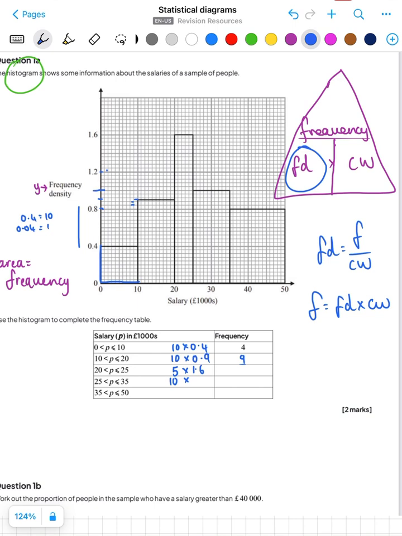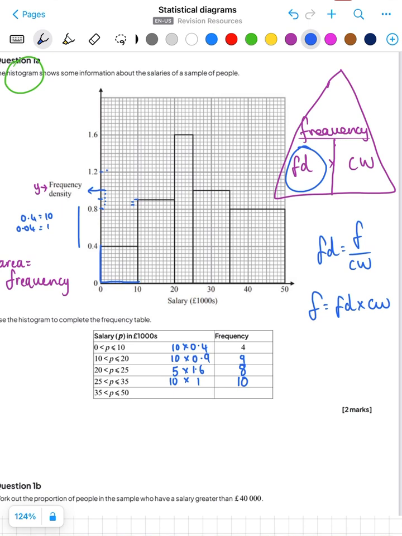We've got it about here. So that's 1, 2, 3, 4, 5 lots of 0.04 added on to 0.8, which gets us to 1. So that is a frequency of 10.